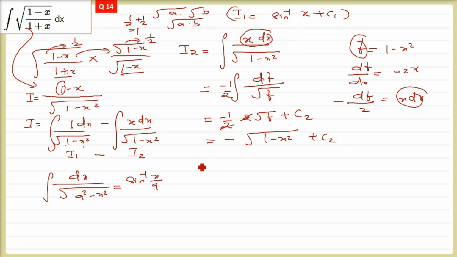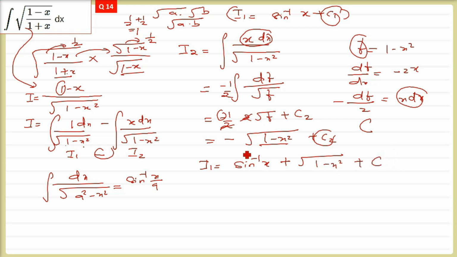So basically we have to do I1 minus I2. So this I will be I1 minus I2. What was I1? It was sine inverse x plus a constant of integration. This C1 and C2, the constants of integration of both I1 and I2, we are going to combine and call it a capital C. So this is sine inverse x, minus already there. So minus minus will become plus. And then we have under root 1 minus x square plus the constant of integration, C1 and C2 added up.